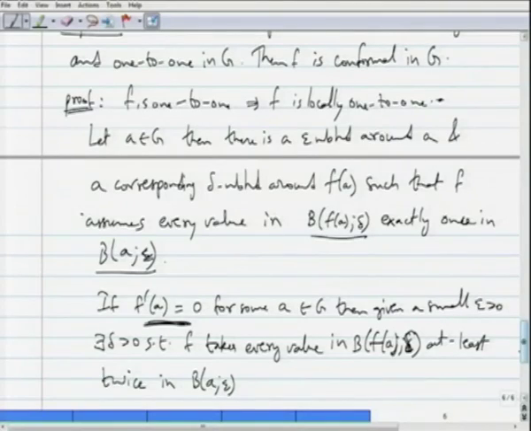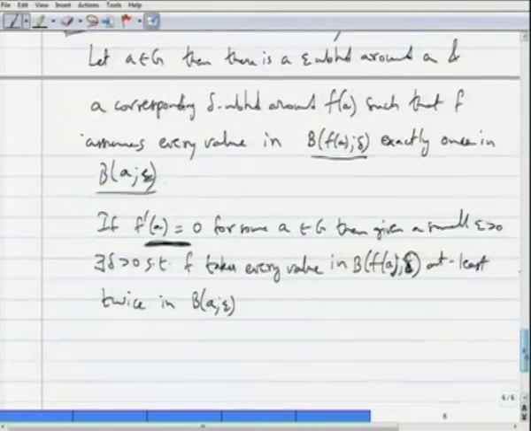So, by the remark earlier, in a small enough neighborhood of A, the number of zeros of f of z minus some w, with multiplicity, is at least 2.